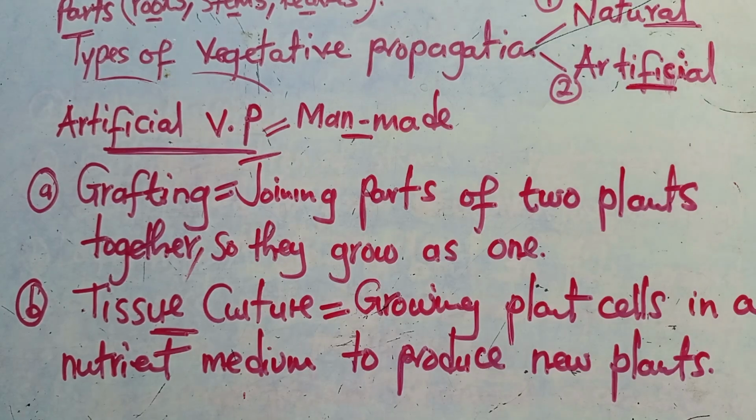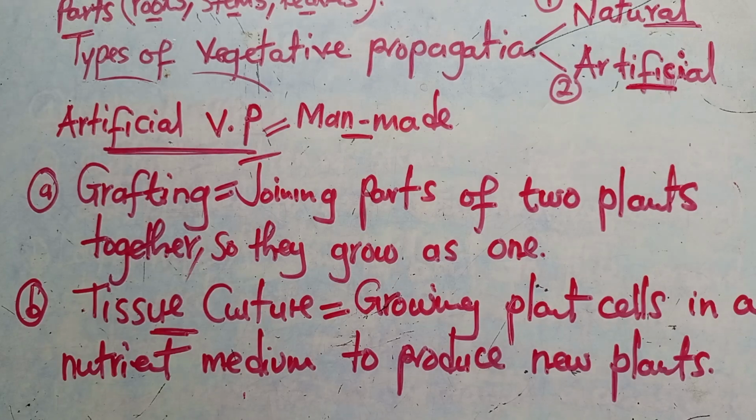So if you were asked, what is the importance of tissue culture? You tell them, okay, tissue culture is one of the artificial vegetative propagations where man helps in reproduction between plants.